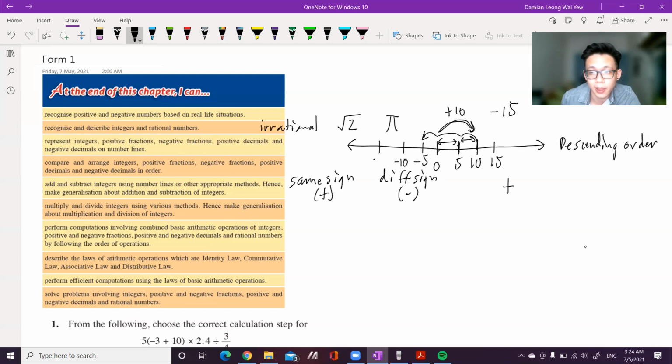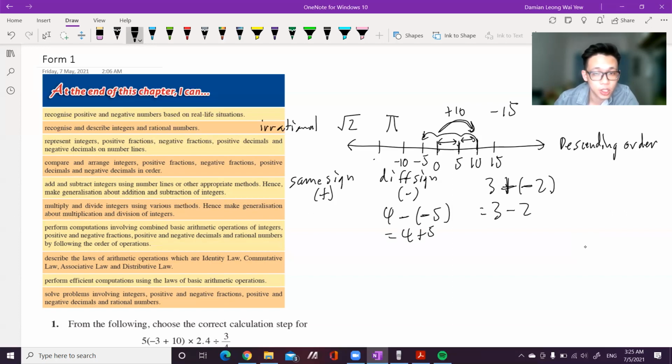So 3 plus negative 2 is the same as 3 minus 2, because it's plus and minus, a different sign. If I have 4 minus negative 5, it's the same sign, so it becomes a plus. It's the same as 4 plus 5. That's the method.